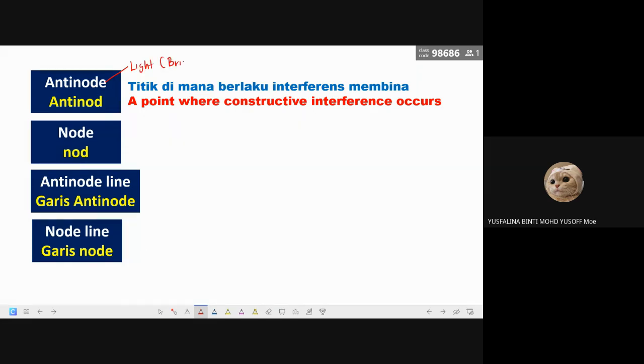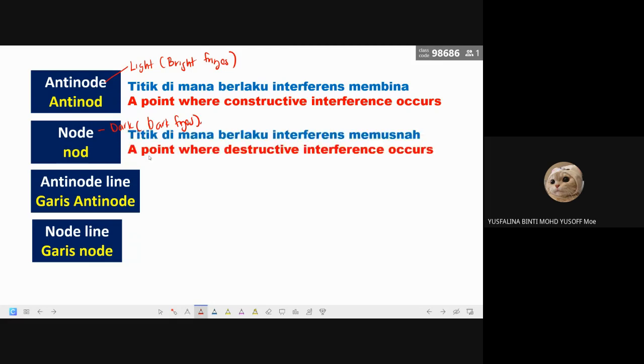Sometimes they don't mention the bright fringes, they just put antinode and node. So you have to know the antinode is the bright fringes for the light, and it means at that time the constructive interference occurs. While the node is actually the dark fringes, which means the destructive interference occurs.